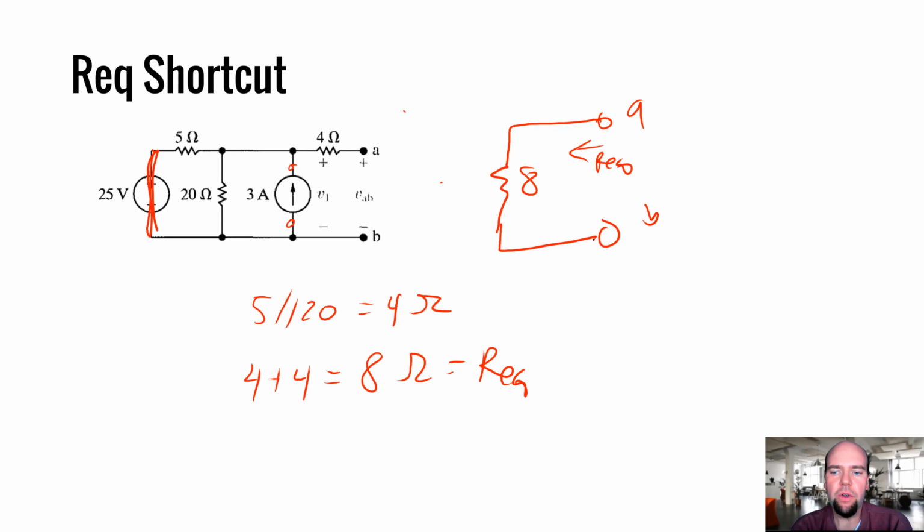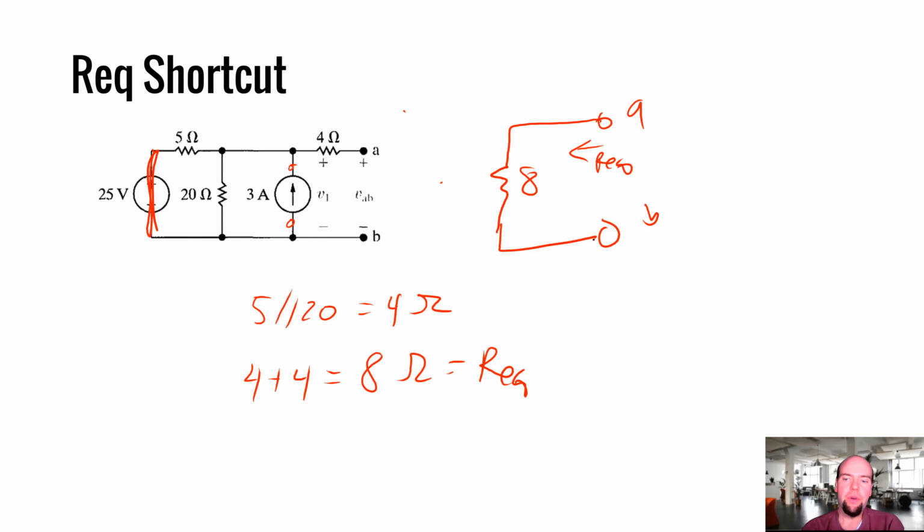So the shortcut to find REQ directly is to set all your sources to 0 and find the equivalent resistance from the perspective of the terminals. What trips people up, though, is that perspective of the terminals. You have to say, what's the resistance from terminal A to terminal B? What's the resistance seen in that direction? And that's sometimes where the challenge lies.